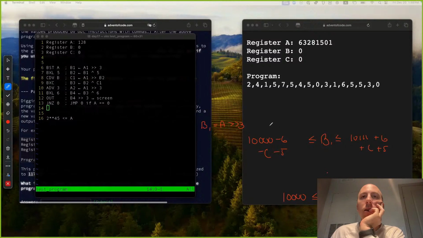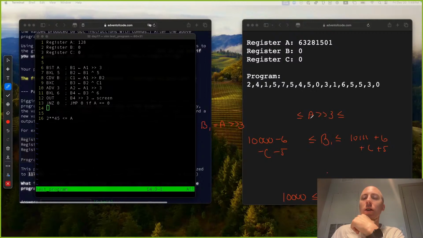So you have B1 is A bit shifted over by 3. And we want to come up with A.